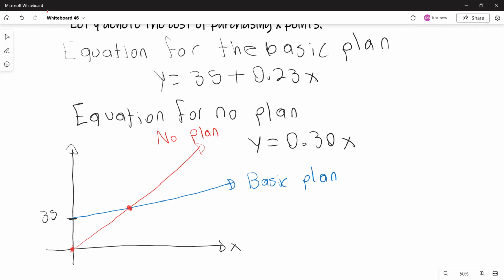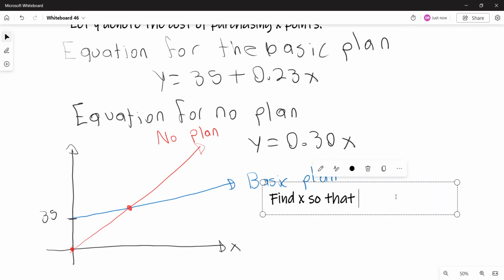We need to solve, or find x, so that 35 plus 0.23x equals 0.30x.